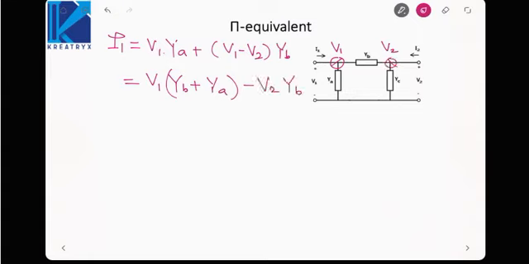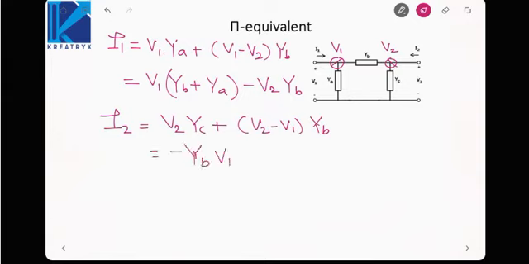Similarly, if we apply KCL at node 2, the incoming current is I2, and the outgoing will be V2 YC plus (V2 minus V1) YB, that is minus YB V1 plus (YB plus YC) V2.